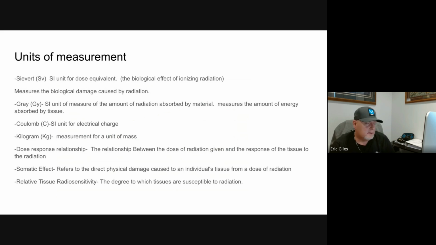Somatic effect, we'll talk more about that in a little bit, refers to the direct physical damage caused to an individual's tissue from a dose of radiation. Remember that somatic effect. It's the direct physical damage caused to the tissue. Relative tissue radiosensitivity, the degree to which tissue is susceptible to radiation. We'll talk more about that one as well.